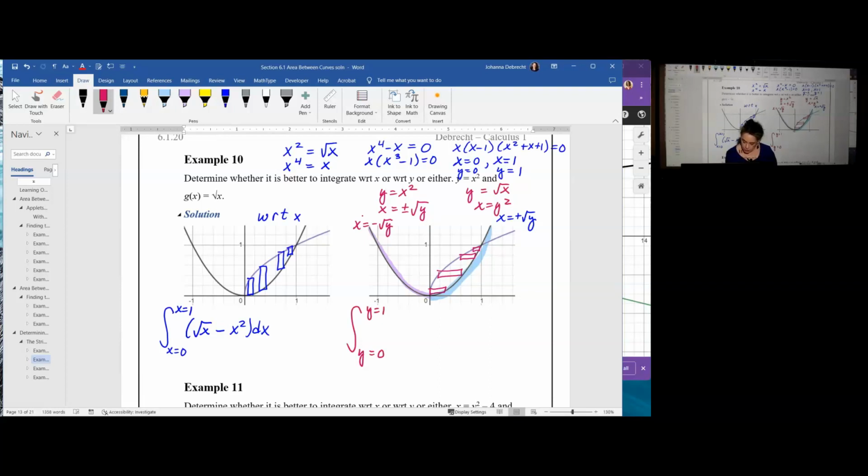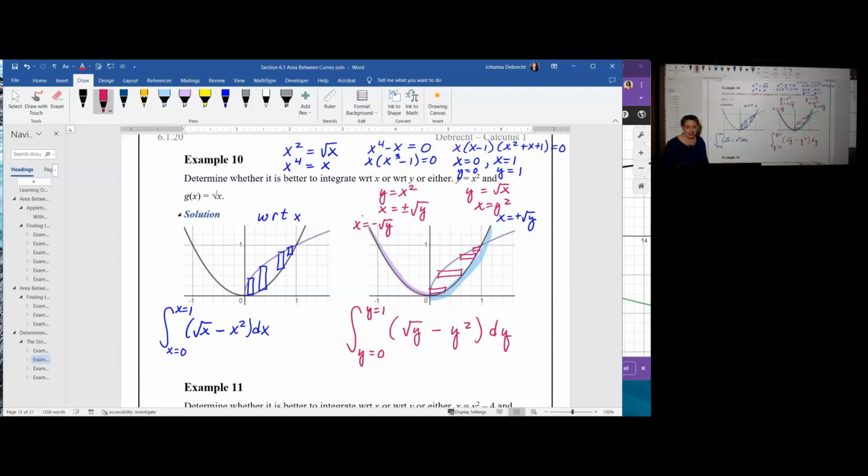And I would have on the right the parabola, the right arm, which would be square root of y, minus the square root function, which is y squared. Notice the differential is dy. These are not so different, are they? In fact, they're the same, but with respect to a different variable.